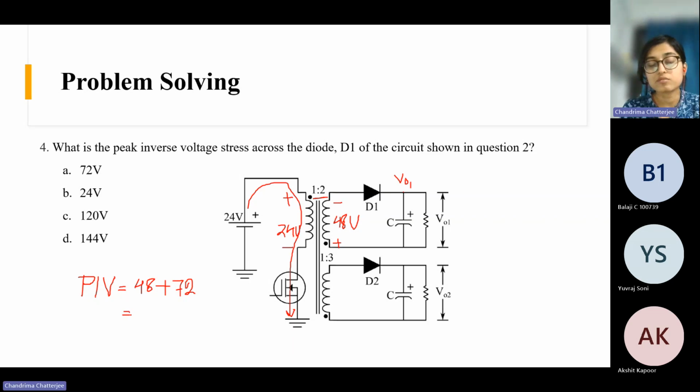So it is 120 volt. 120 volt is the peak inverse voltage of D1. So for D1, the expression is V in plus V out, that is the peak inverse voltage across the diode.